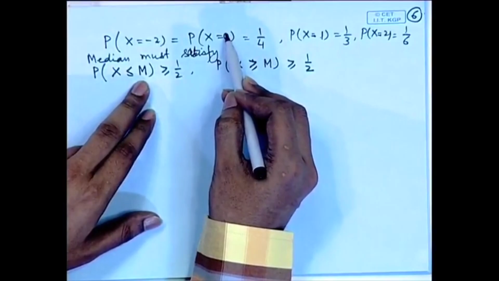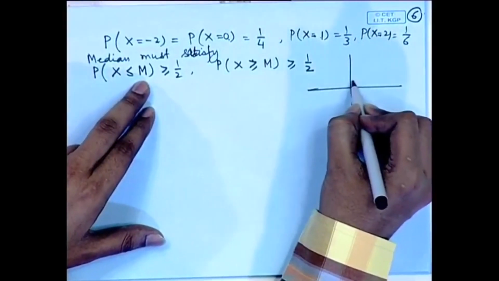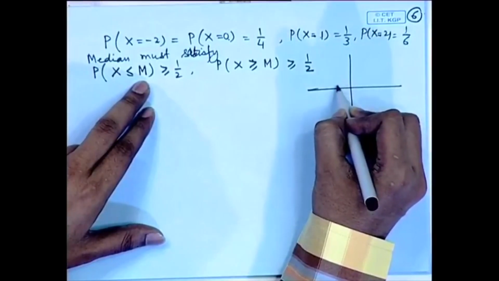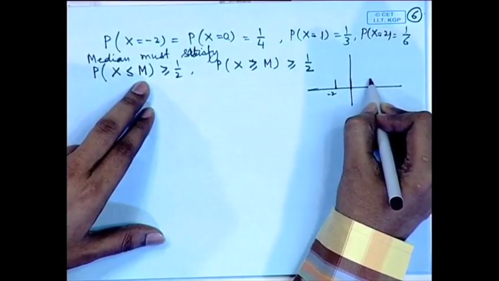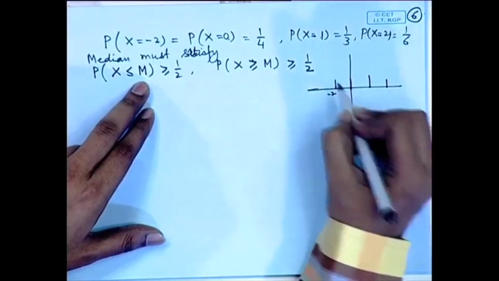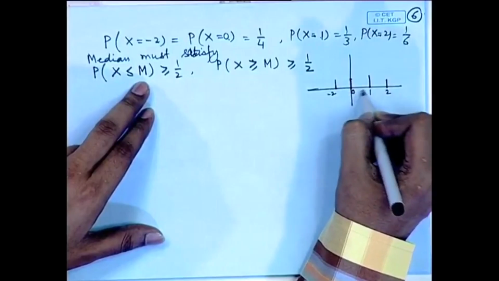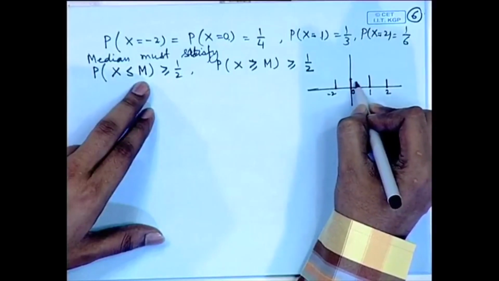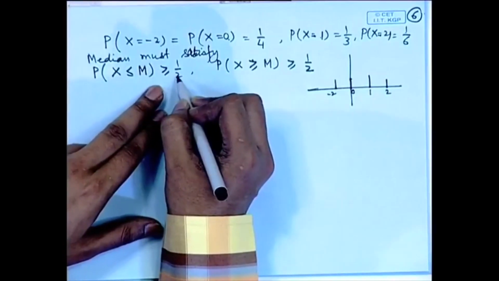So, as soon as we approach 0: at -2 you have 1/4, at 0 you have 1/4, at 1 you have 1/3, and at 2 you have 1/6. So, any point after 0 will have the condition probability X less than or equal to m greater than or equal to half satisfied.